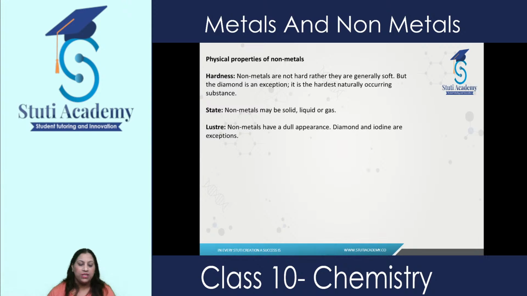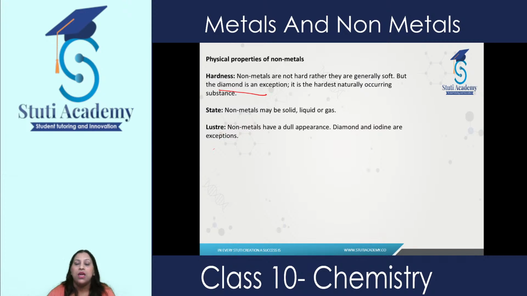Now, what are the physical properties of non-metals? The properties of non-metals are entirely opposite to those of metals. Non-metals are quite soft. They are not hard as the metals are. They are very soft and they can easily break. They can be brittle, except diamond.